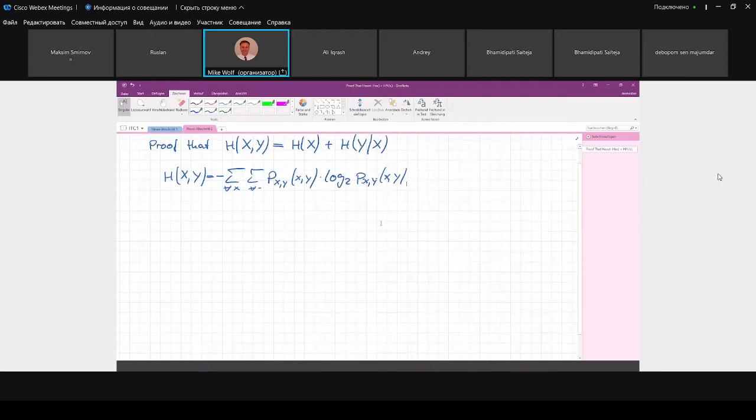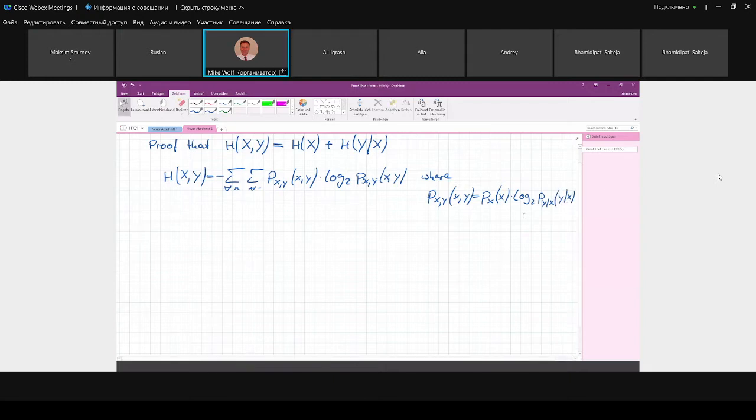And now we can say the joint probability p of x comma y is just p of x times p of y given x.